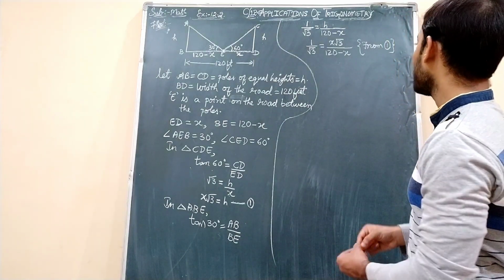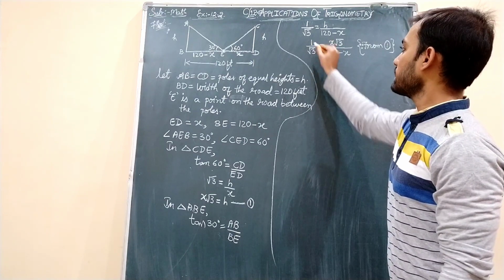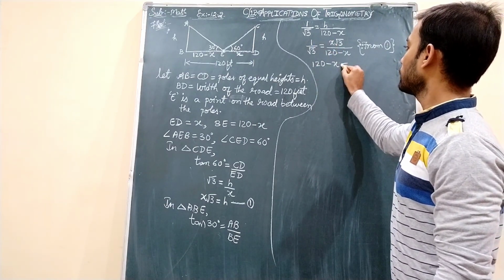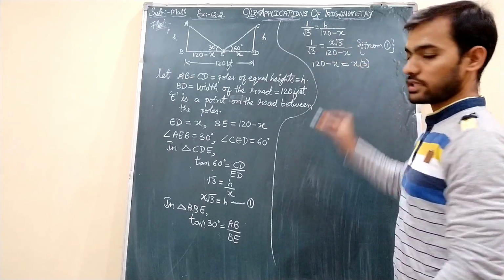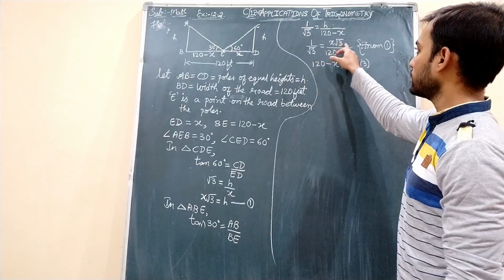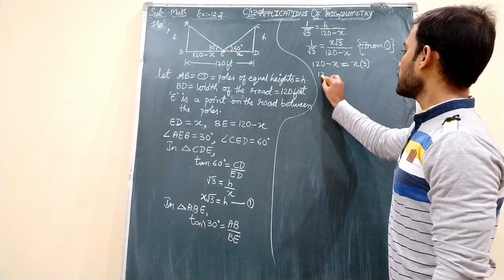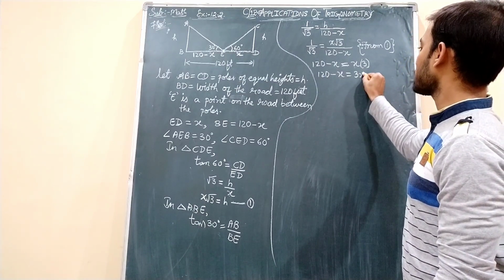Okay students, so now cross multiplication, 120 minus x equals √3 into x√3, which will be x into 3 students. We have learned √3 into √3 will be 3, right? So x I am writing as it is. Now 120 minus x equals x into 3, that is 3x.